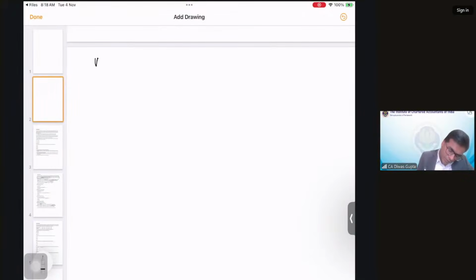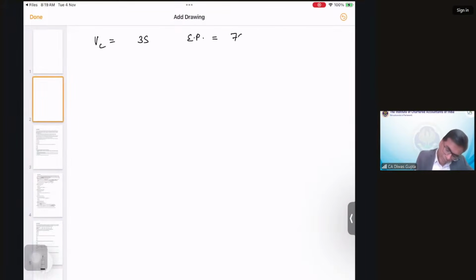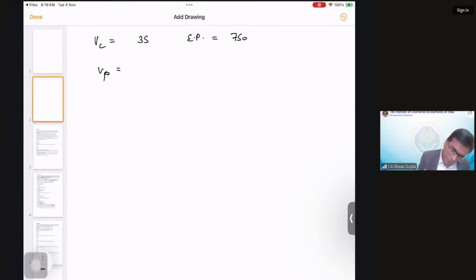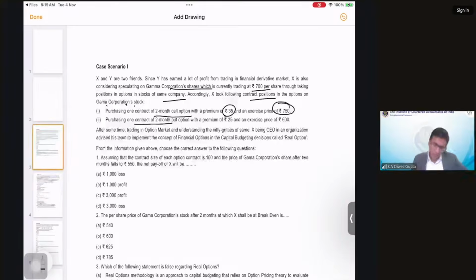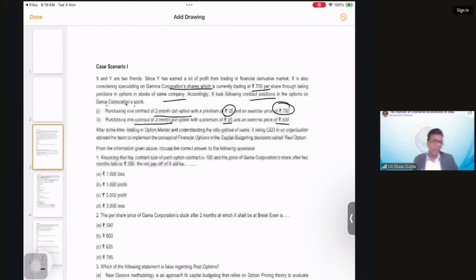So we are talking about value of call option 35, exercise price of 750, and value of put option. Purchasing a 2 months put option, another put option is with a premium of 25 at an exercise price of 600. Exercise price of 600. Clear?